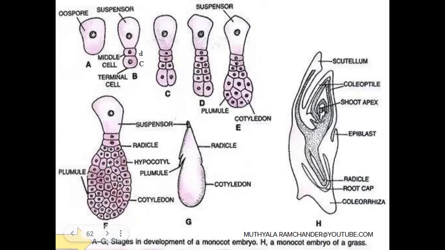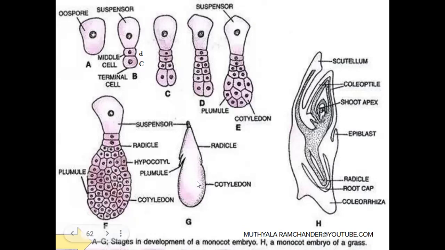Finally, the matured embryo contains only two major parts. One is the epicotyl. The epicotyl contains the cotyledon and plumule. And the lower part is called the hypocotyl. The hypocotyl contains only the radicle part.